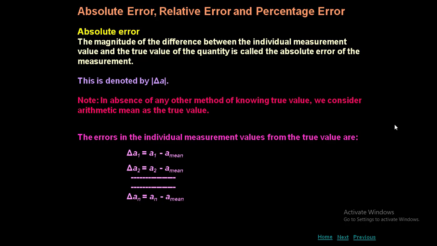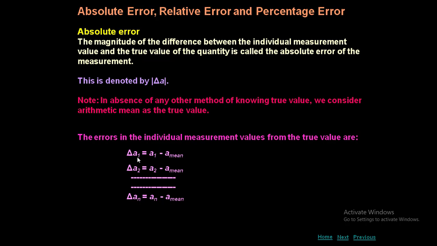Once you determine the arithmetic mean, now what do we have to do? According to the definition of absolute error, we should take the difference between the individual value and the true value, that is nothing but the mean value. So whenever I take the difference between the true value and the individual value, the difference is called absolute error, which is represented by delta A1.